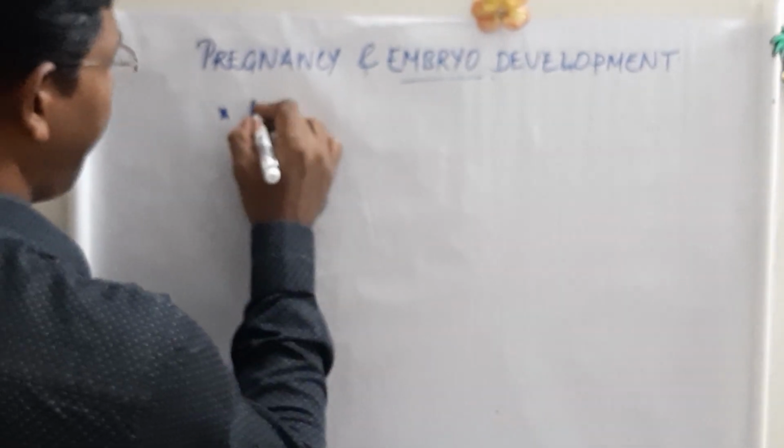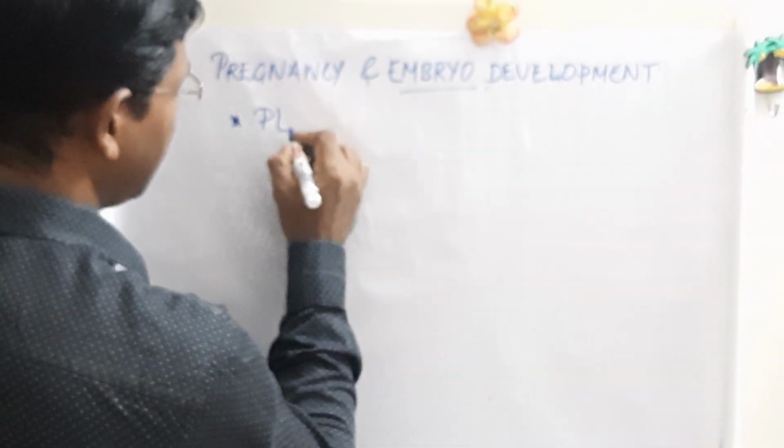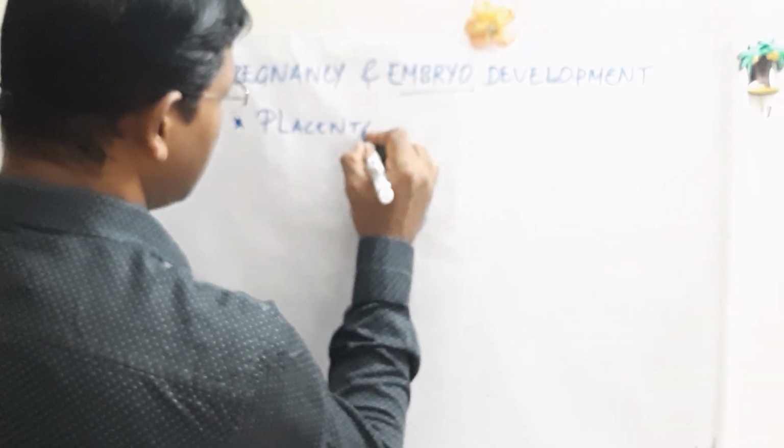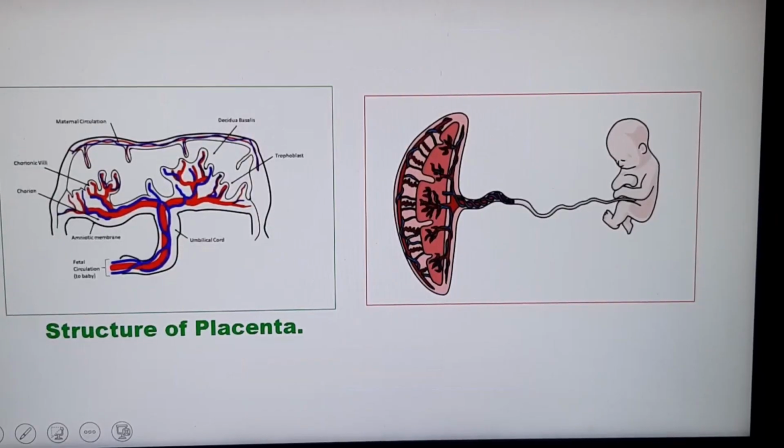The uterine tissue and chorionic villi become interdigitated with each other and jointly form a structural and functional unit between the fetus, the developing embryo, and the maternal body, called the placenta.